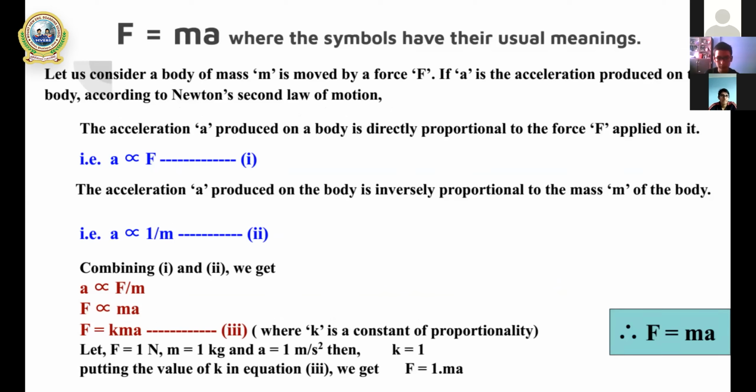This is an assumption. Assuming force equal 1, mass equal 1, then A equal 1, then you get K equal 1. Finally you can keep the value of K as 1, then you get F equal MA. That means the value of K is kept as constant 1.